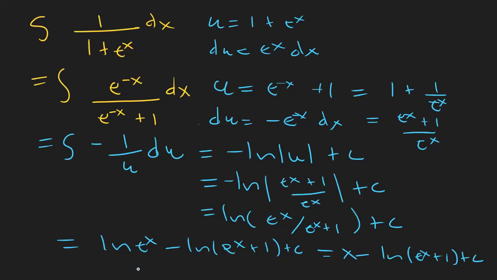So this is our solution for the function, or the antiderivative, of 1 over 1 plus e to the x. Note that if you differentiate this, you will find the exact same thing in either case.